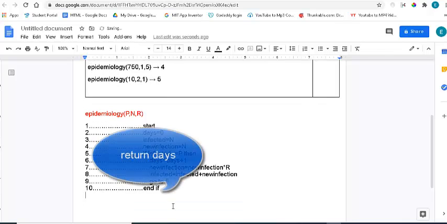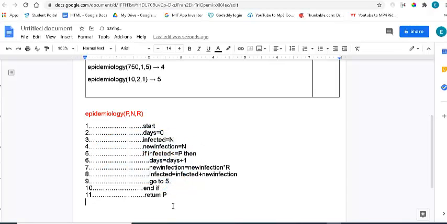So I can just go and return p. And then line 12, I'm going to end it. So this is my algorithm.